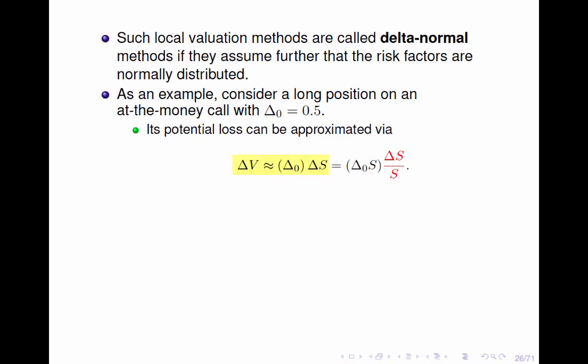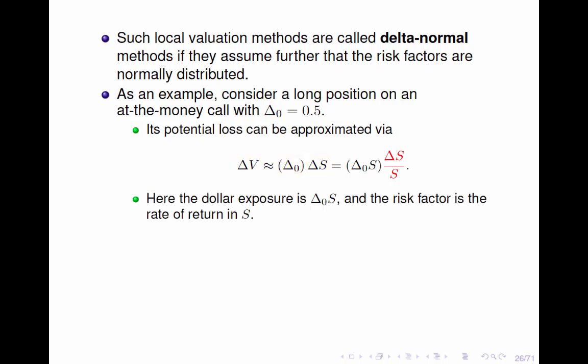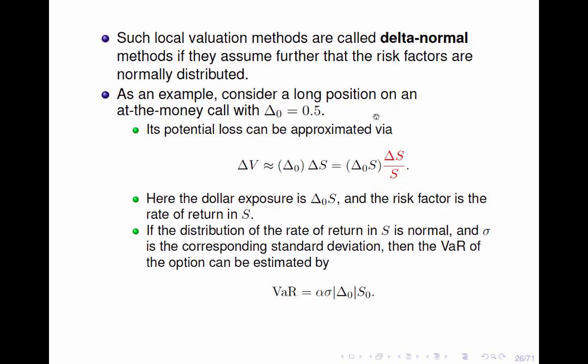That is, delta 0 times the change in the underlying asset price S. Alternatively, this can be rewritten as the product of the dollar exposure, delta 0 times S, and the rate of return in S. And in this case, we treat the rate of return in S as the risk factor. If the distribution of the rate of return in S is normal, and sigma is the corresponding standard deviation, then the VAR of the option can be estimated by the following formula.